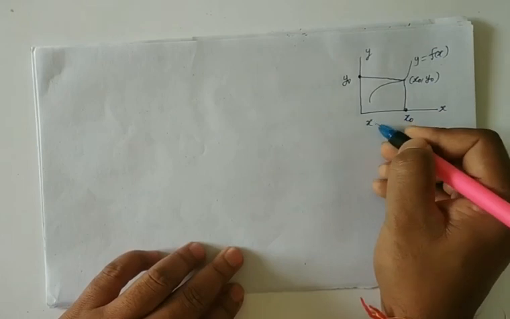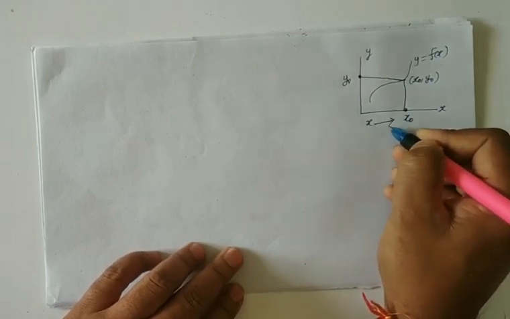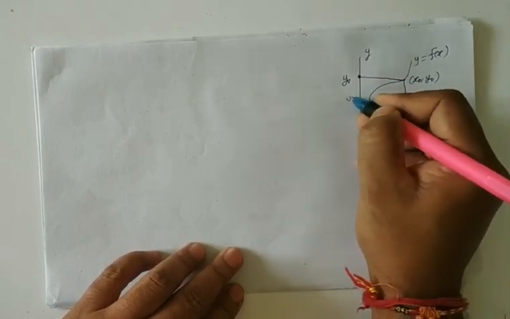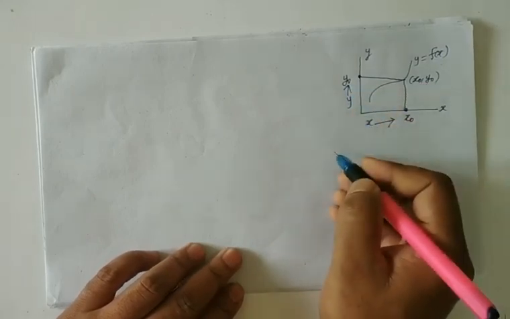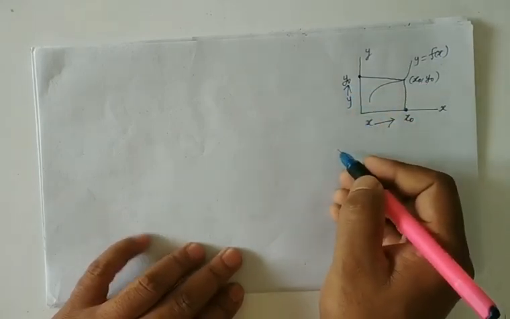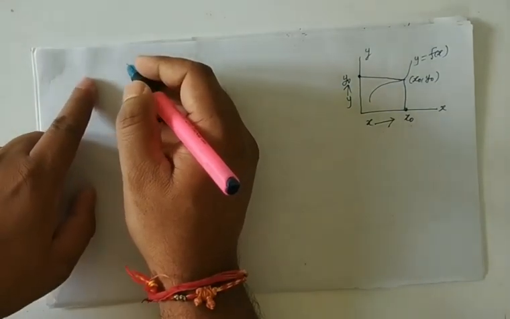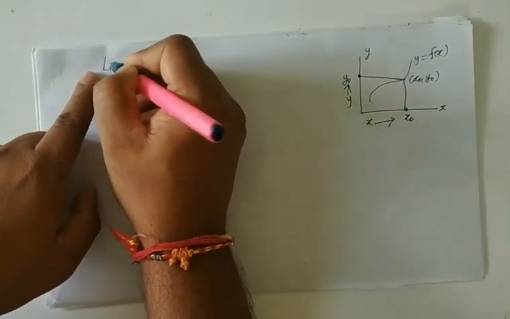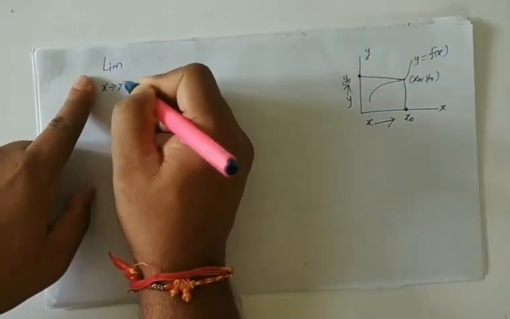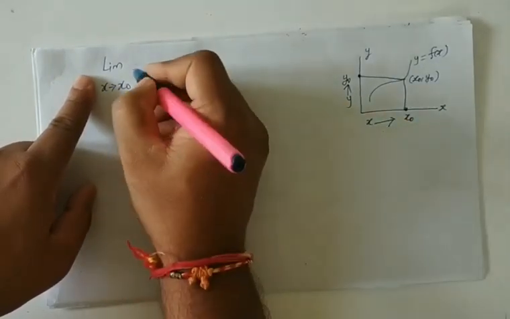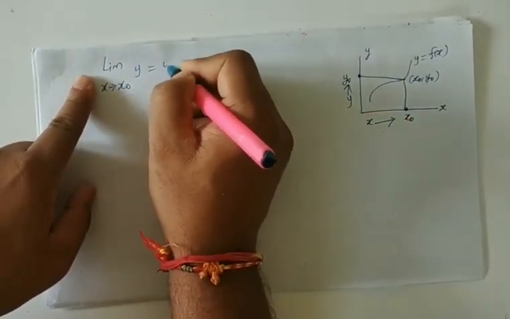As x approaches x0, the corresponding y approaches y0, which is denoted mathematically as limit x approaches x0, y approaches y0.